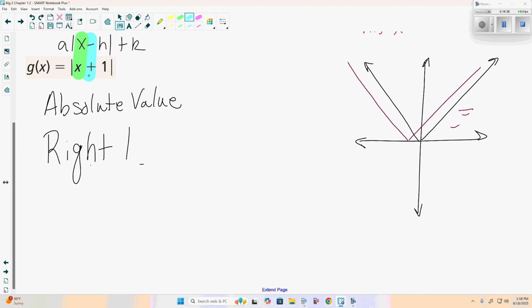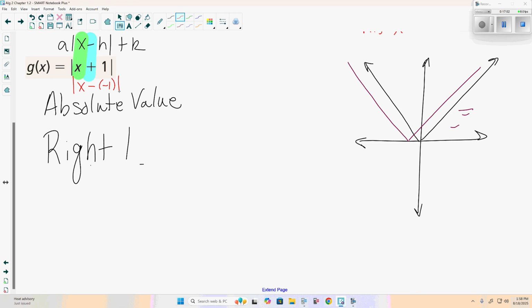Well, the only way that we can change this here from a minus to a plus is if that one's actually not positive, but negative. Because a negative and a negative will make a positive, so for us to actually line it up to the general form, the value of h is not positive 1, it's actually negative 1.